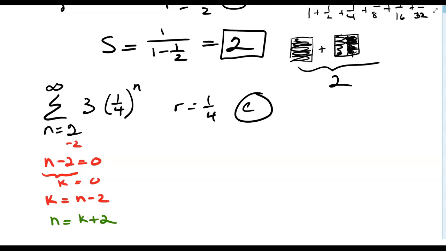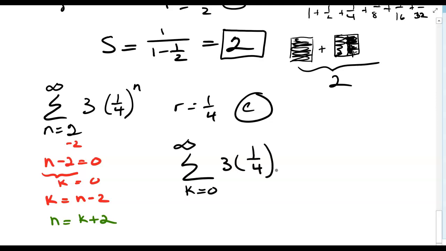What that allows me to do is rewrite it. Instead of n equals 2, I can now say k equals 0, of 3 to the 1/4, but I can't put my n up here, because what does n equal? Oh, n equals k plus 2.